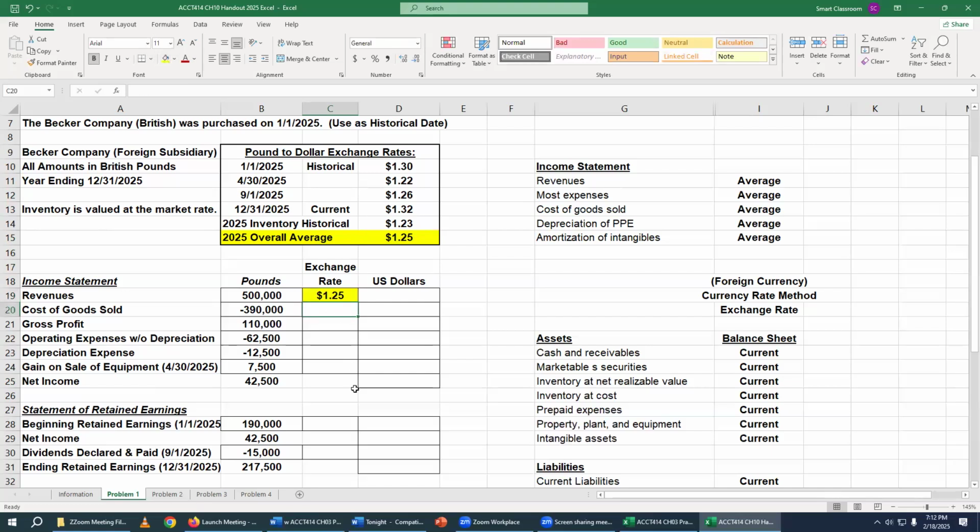All right, so average rate for revenues. Most expenses, cost of goods sold, property, plant, equipment, everything. So pretty much everything is going to be at that. There's going to be one thing that's not. Cost of goods sold, oh wait, I didn't do the math here. Let's do the math. 500,000 times that.